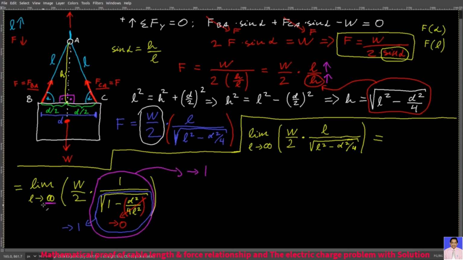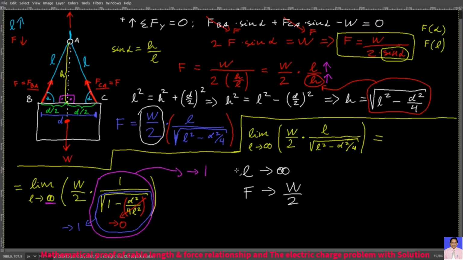But now, as your L approaches infinity, you will multiply W over 2 by something that approaches 1, which means as L approaches infinity, F approaches W over 2, because this ratio here would become 1, and W over 2 times 1 would give you W over 2.